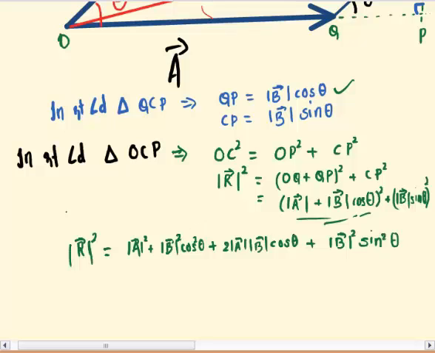So if you can see here, if you plug in this term and this term, then mod of B square will be taken outside and there will be a term inside which will be cos square theta plus sin square theta, which is 1.